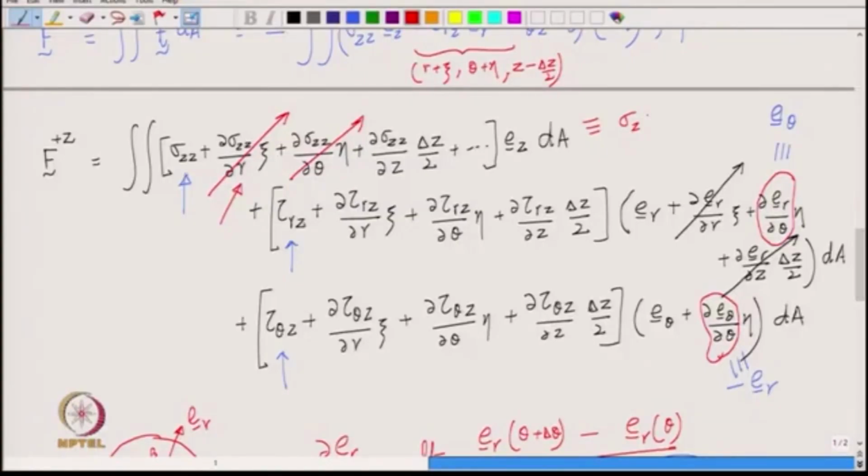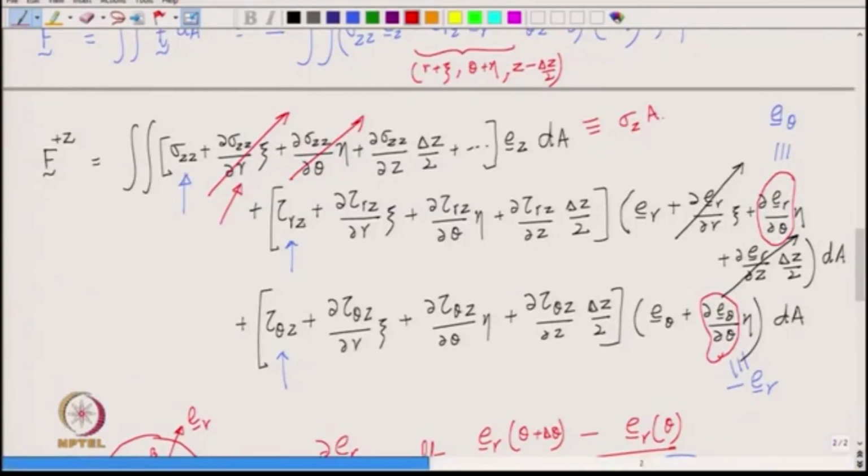So, I could write here it is sigma z into area A of the z plane plus del sigma zz over del z times area of the z plane into delta z. So, area of the z plane multiplied by delta z, what does that give you? That is the volume of the cylindrical element, is not it? So, we simply call it delta V. So, this becomes delta V divided by 2, all right.